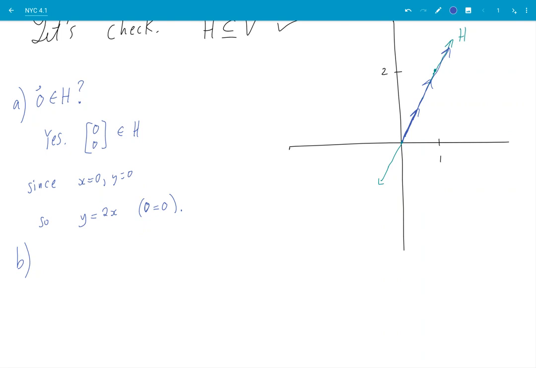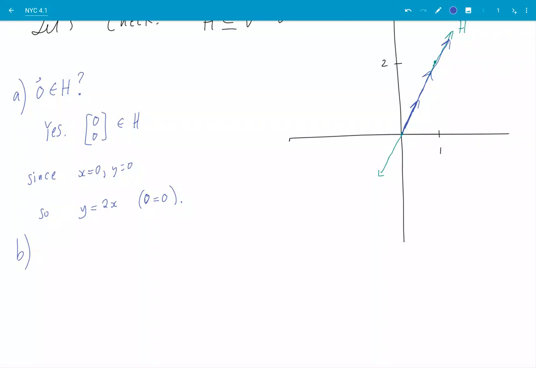Okay, that's all fine and good, but how can I write a demonstration? Well, imagine you have two vectors that are in H, say (a, b) and (c, d) in H.